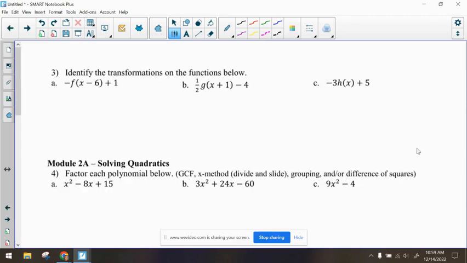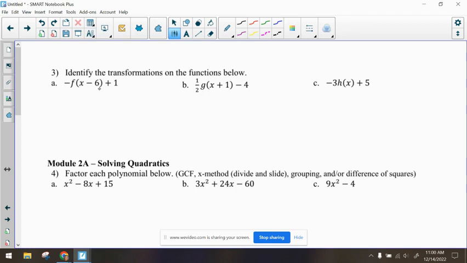And finally, question number 3 from Module 1 talks about the transformations that are applied to the following functions. So we have 4 main transformations that we looked for. We looked for reflections, stretches or compressions, horizontal, and then vertical translations. So in question A, I'm going to list them out in order, the transformations that are applied to that function, and talk about why they are the way that they are.